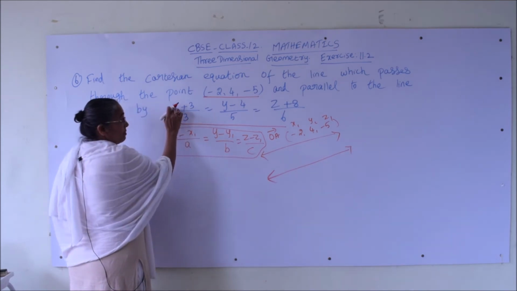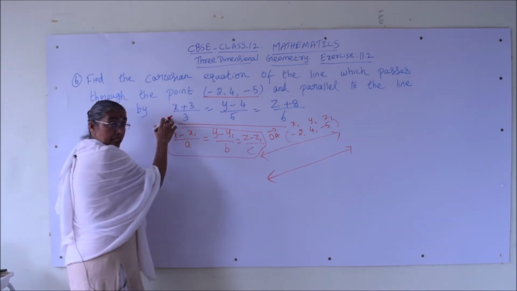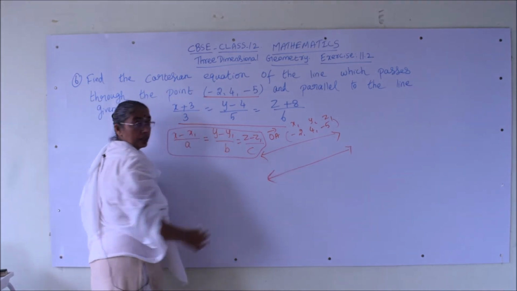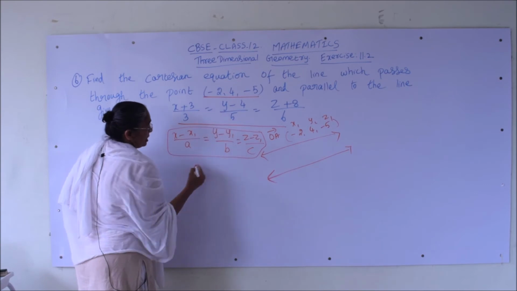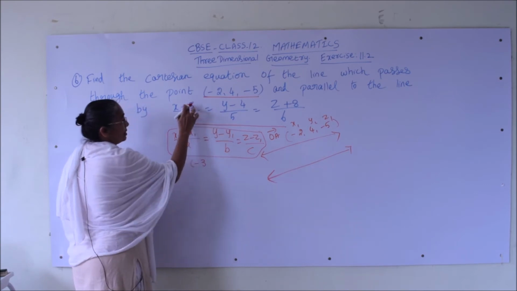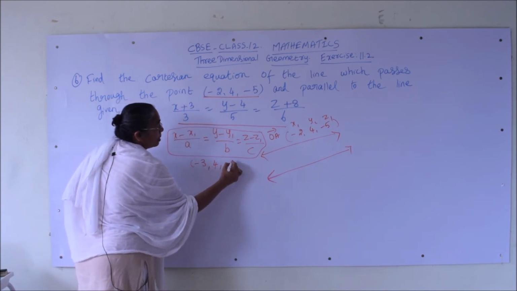So comparing with this line, the given parallel line is passing through the point x1, y1, z1, which is minus 3, 4, minus 8.